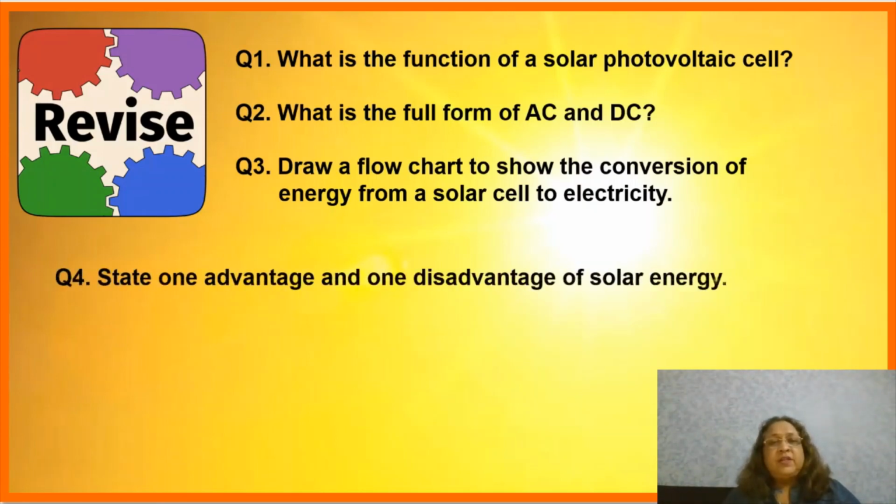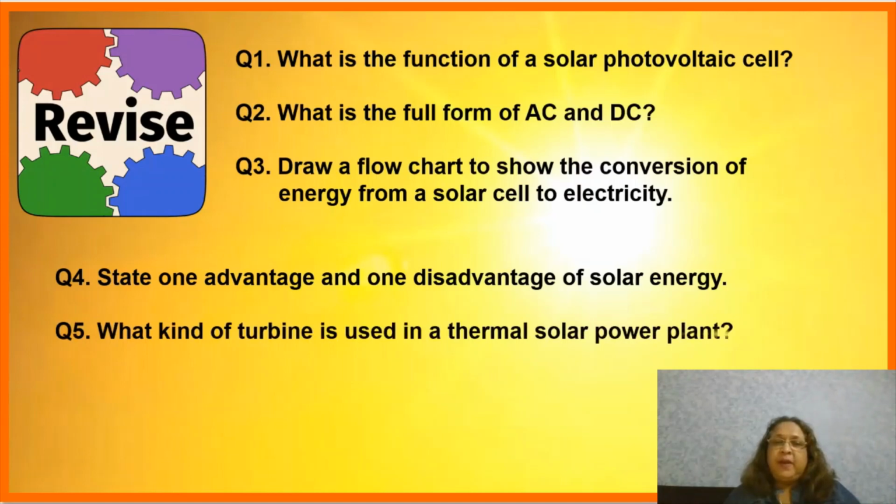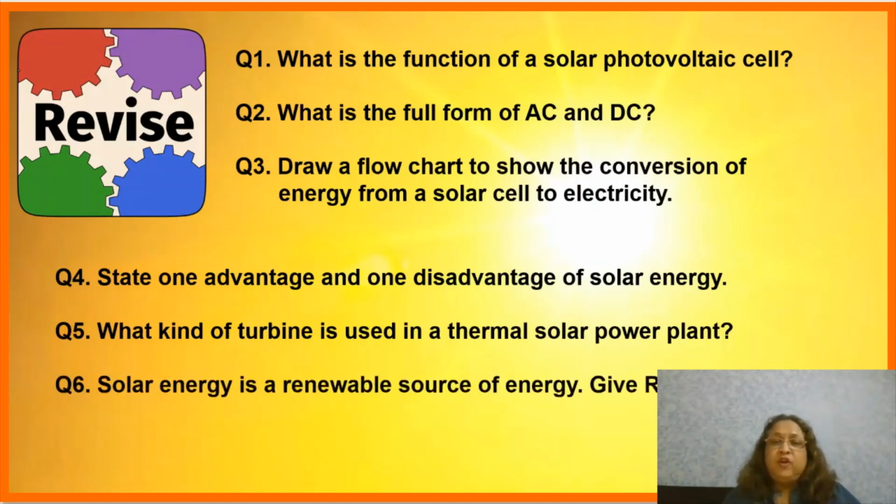State one advantage and one disadvantage of solar energy. What kind of turbine is used in a thermal solar power plant? Solar energy is a renewable source of energy. Give reasons.